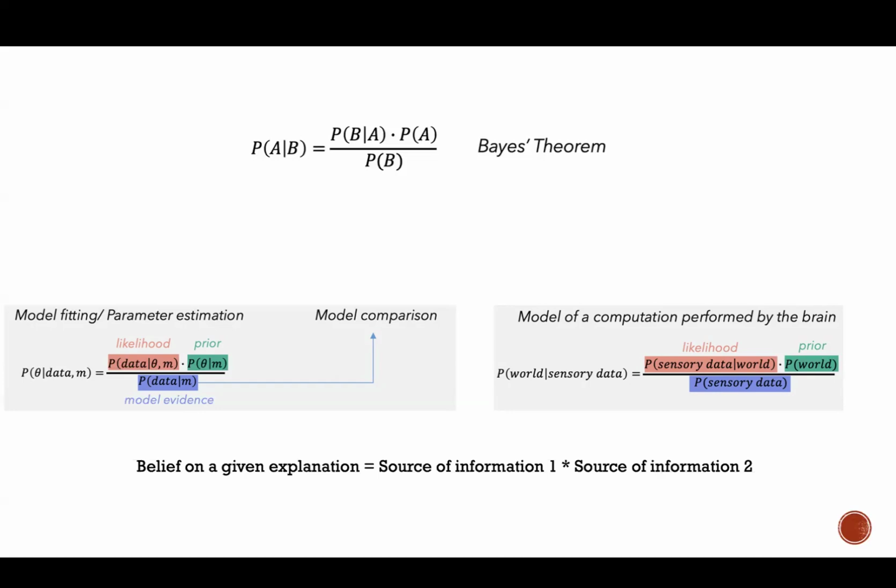And so the belief that we should have in a given explanation is given by multiplying the evidence presented in two sources of information and normalizing it.